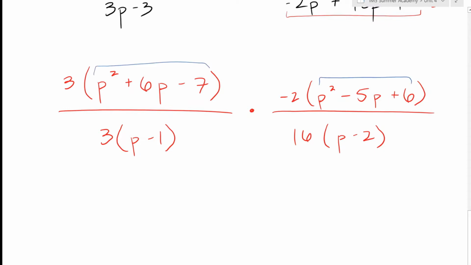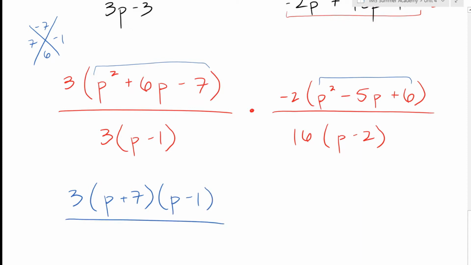So x factoring on the top, 7 and negative 1. So you get p plus 7, p minus 1 over the 3 and the p minus 1.